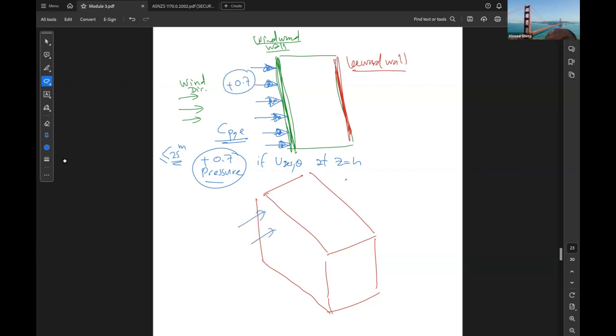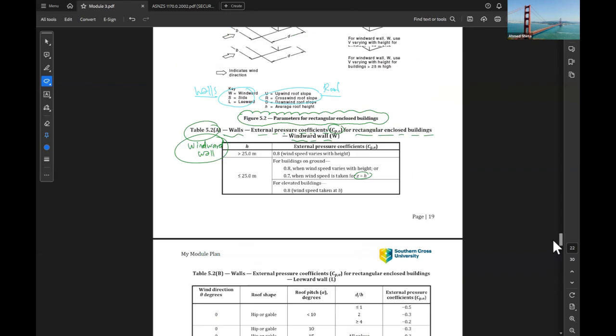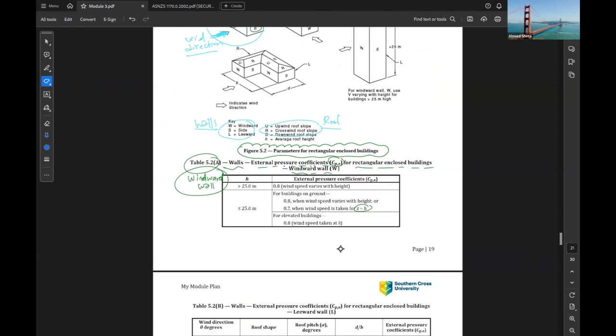So for this windward face, the parameter CBE equals positive 0.7. Okay, so this is the interpretation of this table. If we have a case like this, where the parameter is given as positive, this means pressure on the windward wall.